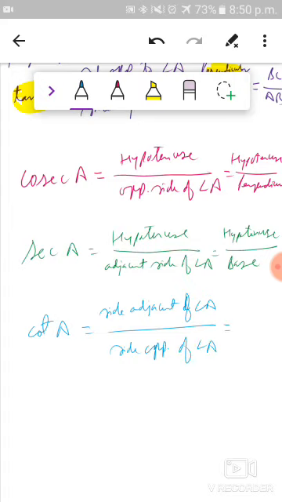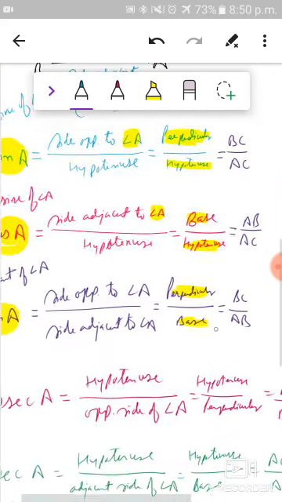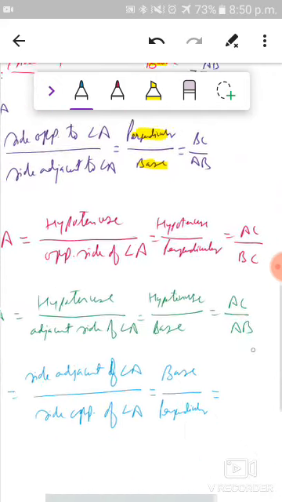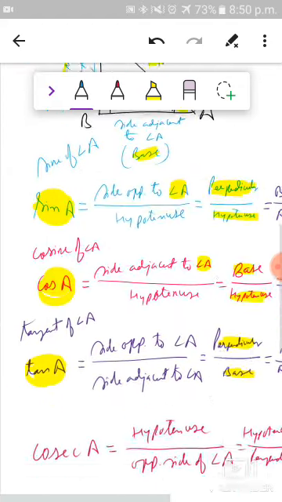So the side adjacent to angle A is the base, and the side opposite to angle A is the perpendicular. So cot or cotangent A is the ratio of base and perpendicular. Our base for angle A is AB and perpendicular is BC.